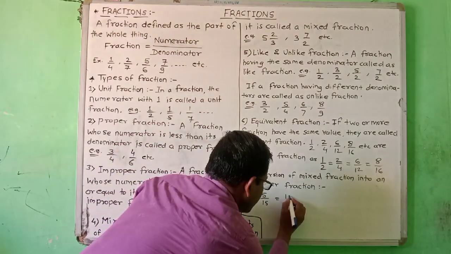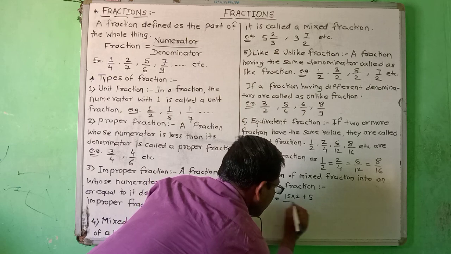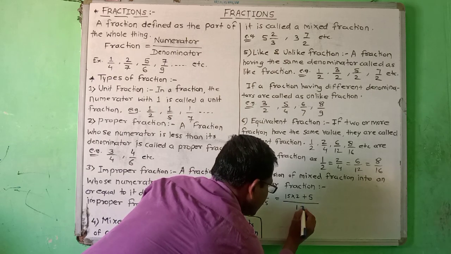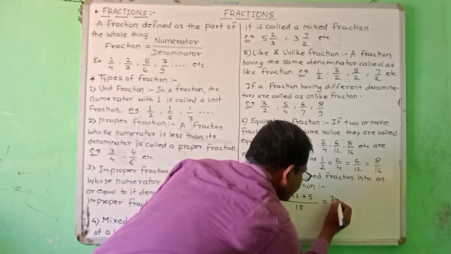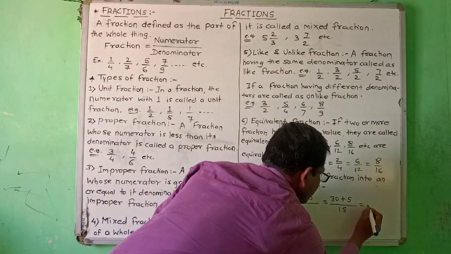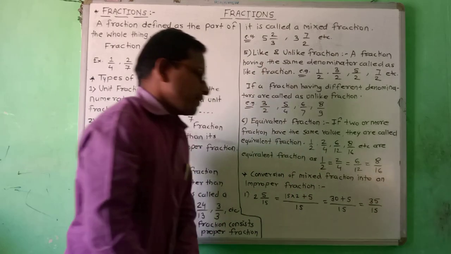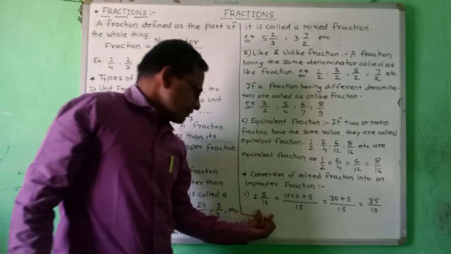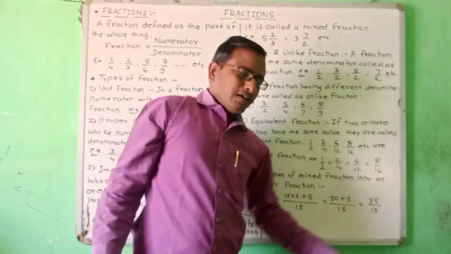So 15 multiplied by 2 plus 5 upon 15. So right here 35 upon 15 is an improper fraction. This is a mixed fraction. Mixed fraction is converted into improper fraction.